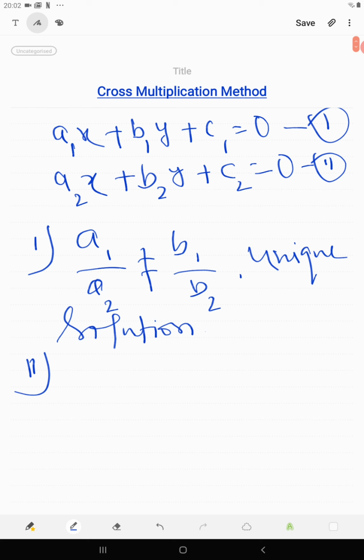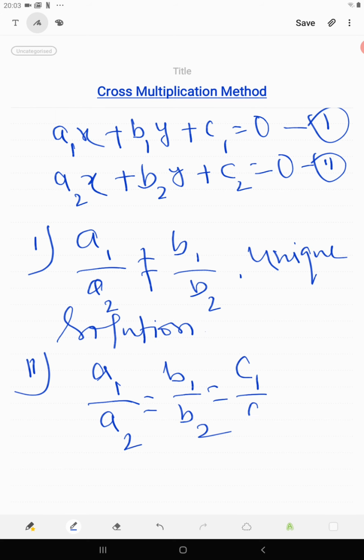Then let's do the second one. The second thing is if a1 by a2 equals b1 by b2 equals c1 by c2.